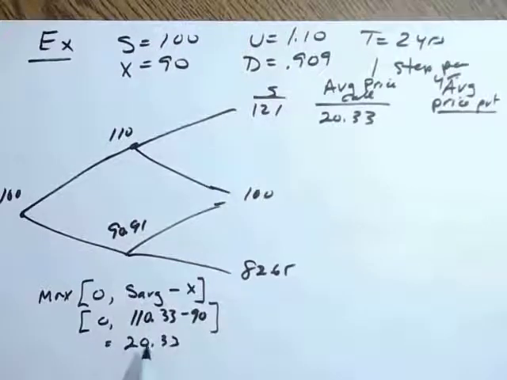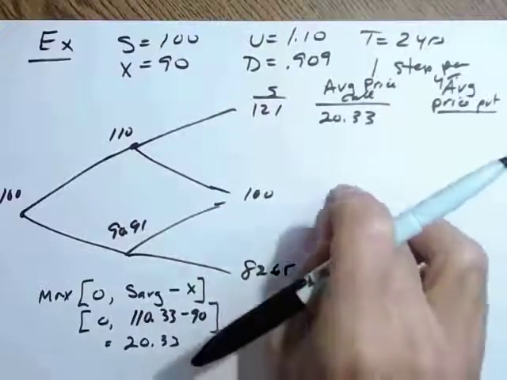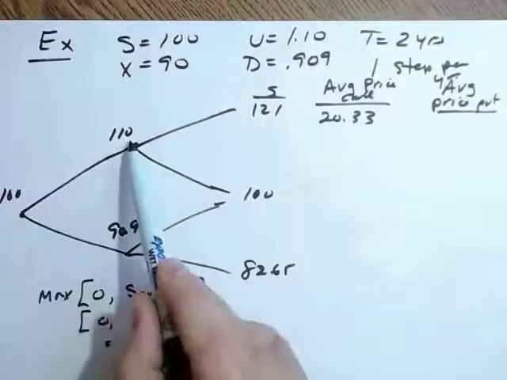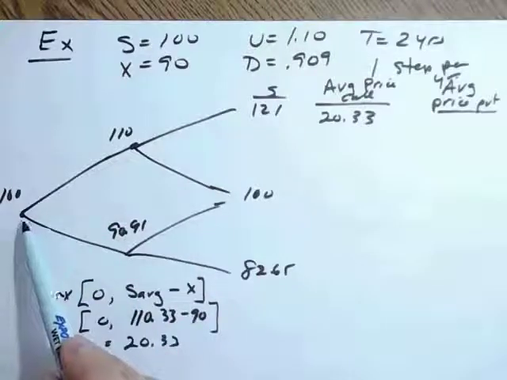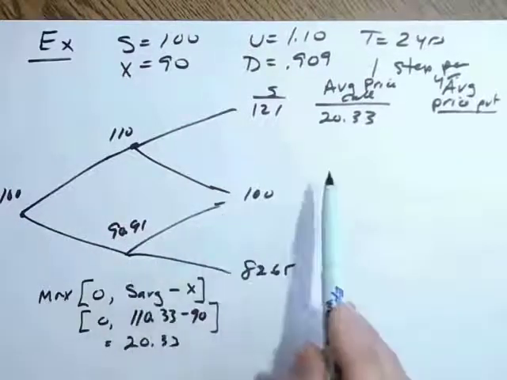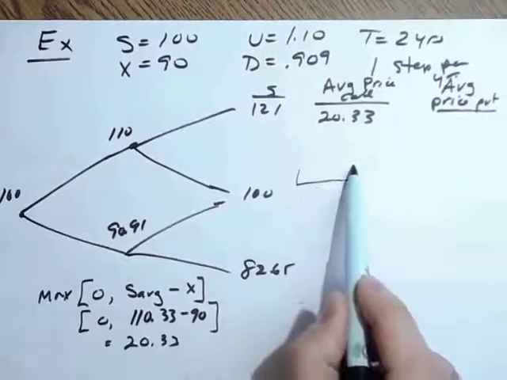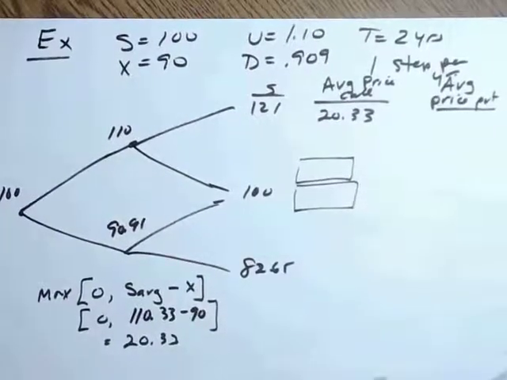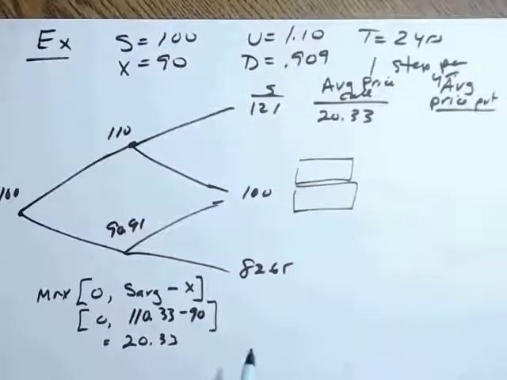Now let's look at the payoff here. Here it gets a little tricky, because the average price going up and then down is different than the average price going down and then up. So we're going to have two different payoffs for this node. Let's calculate them.